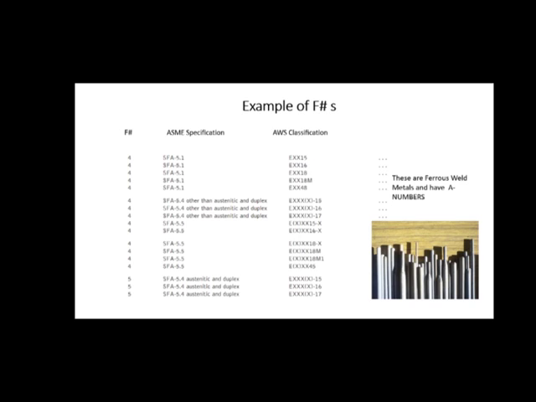I'm using some crazy examples. Or an F1 or an F4 and an A1. That's a carbon steel. Whereas you could have an F4 and an A3, which would have some chrome content to it. You can't use those interchangeably. So you can see how the chart looks and what we're looking at when we're trying to qualify a weld procedure.